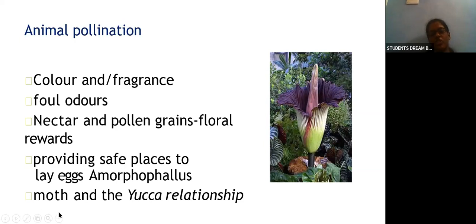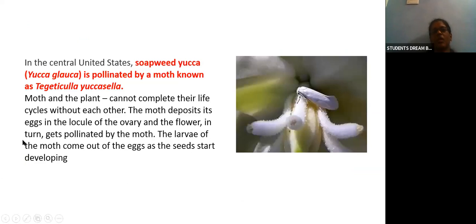Another example is your moth and yucca relationship. So in central US what happens, soapweed yucca called as Yucca glauca. Okay, this is pollinated by a moth known as Tegeticula yuccasella. Both the moth and the plant cannot complete their life cycle without each other.